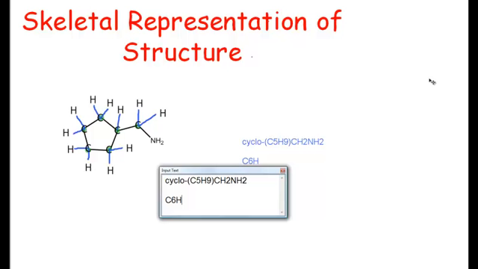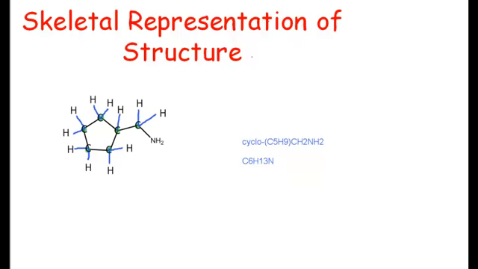I have H13 and a nitrogen. So there we have our dash representation, our condensed representation of a sort. And remember that I can't do subscripts here, so all of those numbers should be subscripts. And we also have our molecular formula.